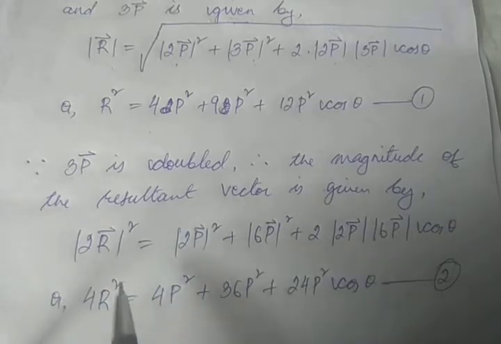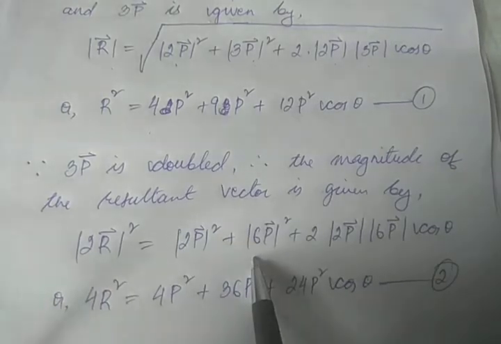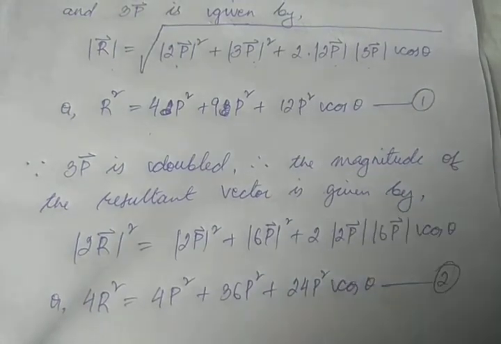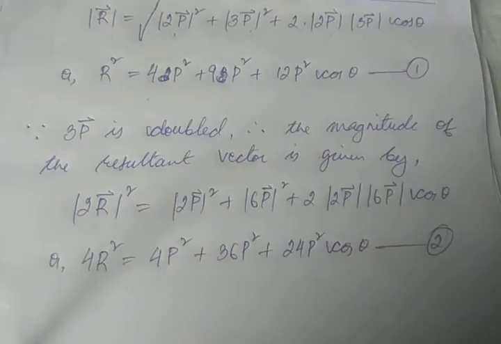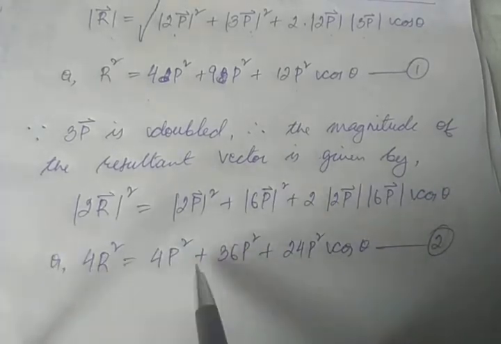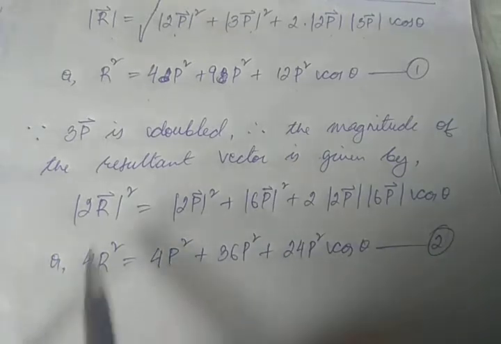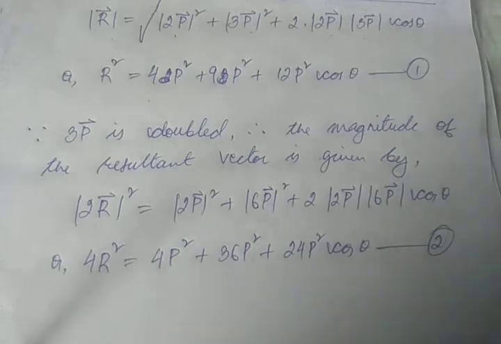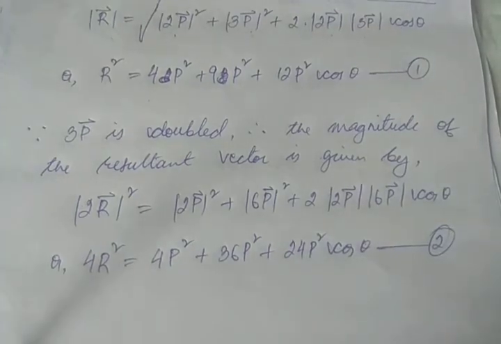Therefore 2r squared is 2p squared plus 6p squared, the second vector is 6p now, plus 2 into 2p into 6p cos theta. I've done away with the modulus sign because without the modulus sign also I understand we are only talking about the magnitude part. So from here we get 4r squared is 4p squared plus 36p squared plus 24p squared cos theta. That is my equation number 2.